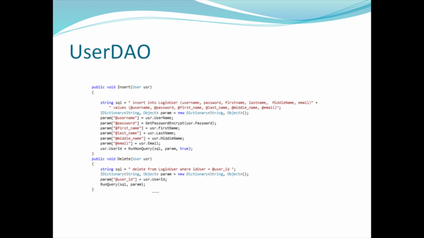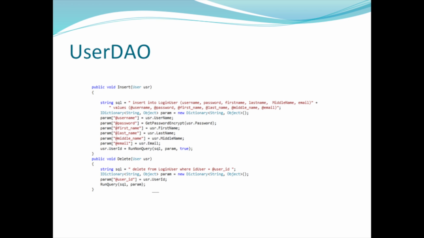We then make a dictionary object to map these parameters back to the actual values. We're actually now accessing some of these objects here: user.username, user.firstname, user.lastname. So we've separated the actual SQL statement from the parameters, and then we're passing that into a run non-query.